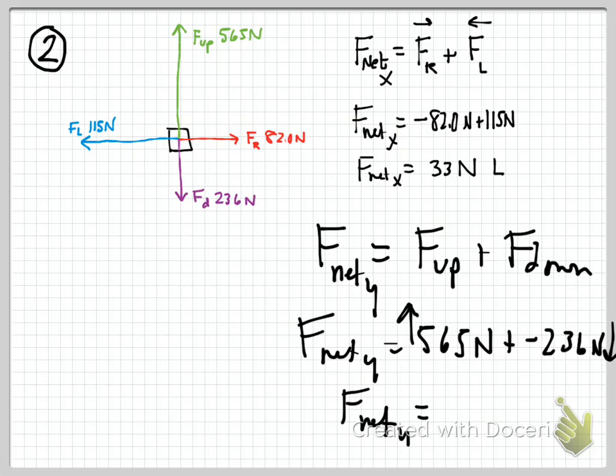F net on the y is 329 newtons upward. Easy. For how many of you is that pretty simple? Now, how many of you can immediately visualize the next step, finding the overall net force?